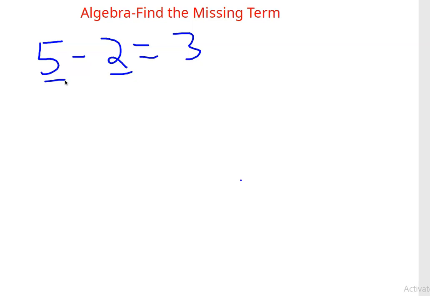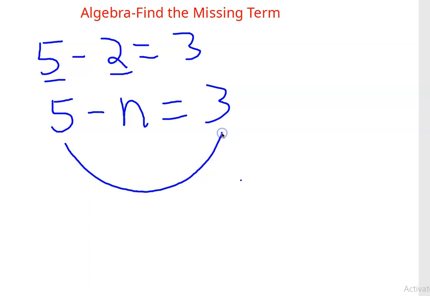With subtraction, it's different. It depends which one you're missing. For example, let's put a variable in the middle here. Say we have 5 minus n equals 3. Well, in this particular case, you would have to subtract: 5 minus 2 equals 3. So you would actually have to do subtraction even though it's a subtraction problem.